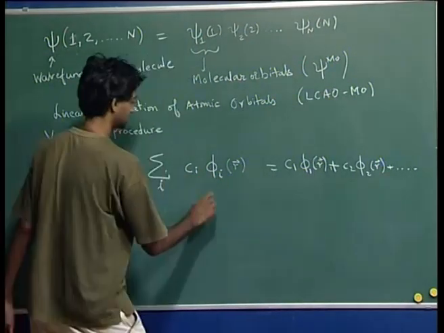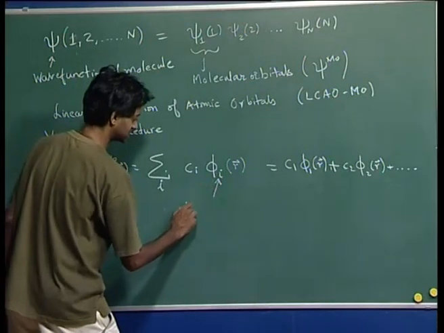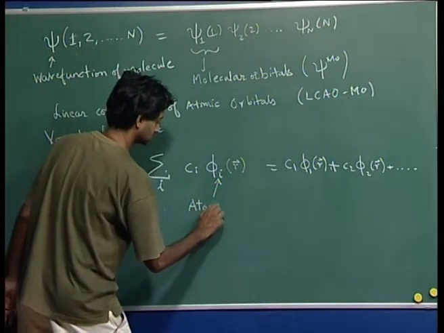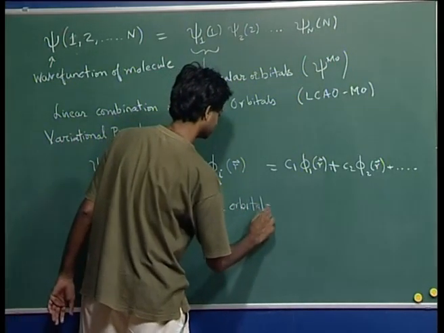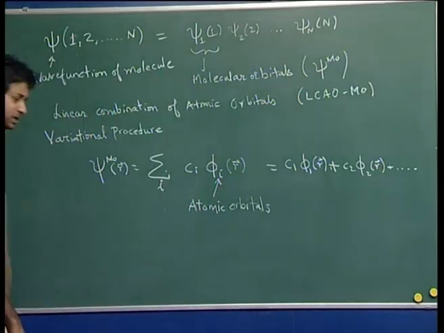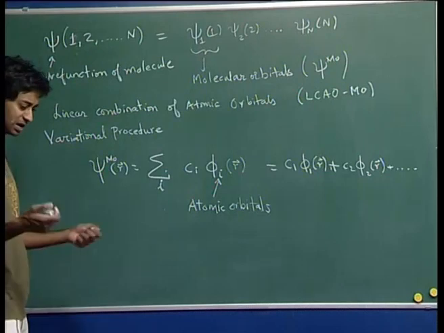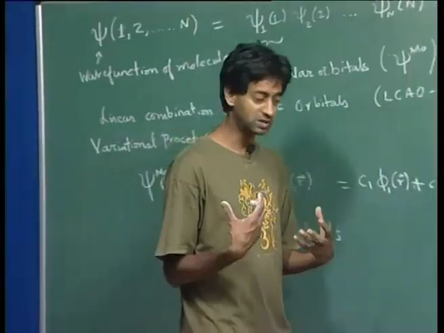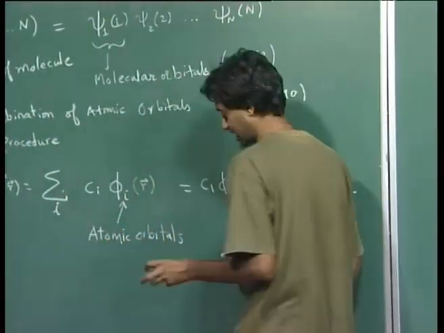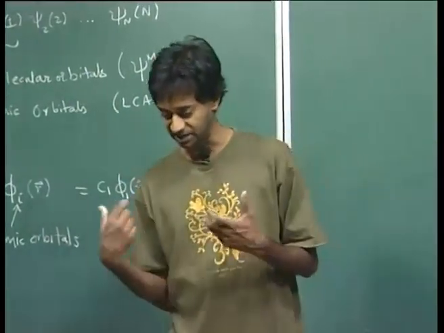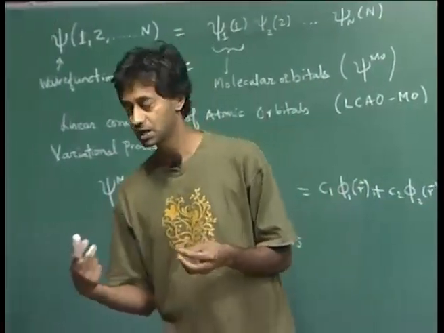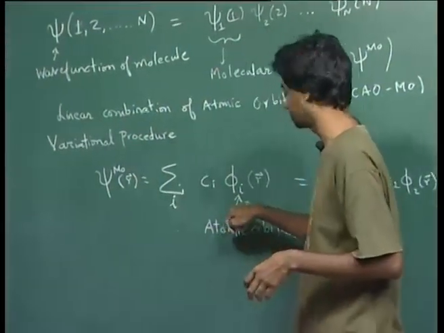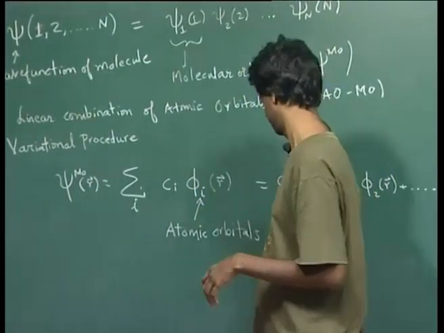and these functions we choose as atomic orbitals. Okay, so these functions are chosen as the atomic orbitals, and typically when you have a bond, then you choose them as the orbitals of the atoms that produce the bonds. Okay, so if you have a bond between two hydrogen atoms, you choose these to be atomic orbitals centered on the two hydrogen atoms.